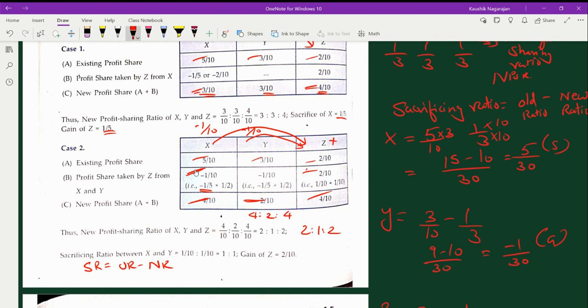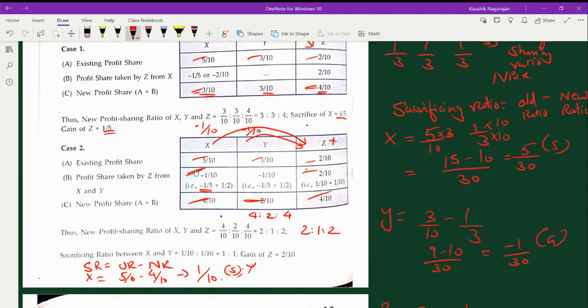So obviously when you subtract the values, which means 5 by 10, the old ratio, minus the new ratio of 4 by 10 of the partner X, it gives you a positive figure of 1 by 10, that is nothing but sacrifice.